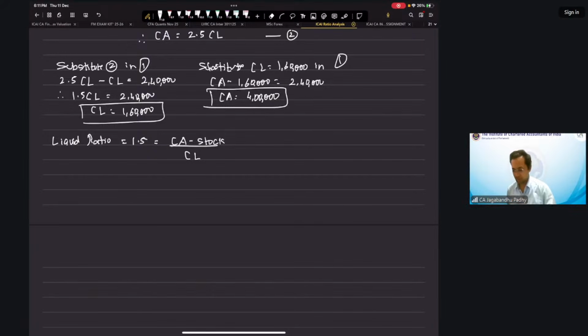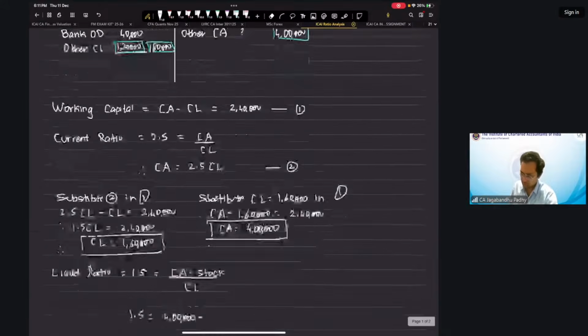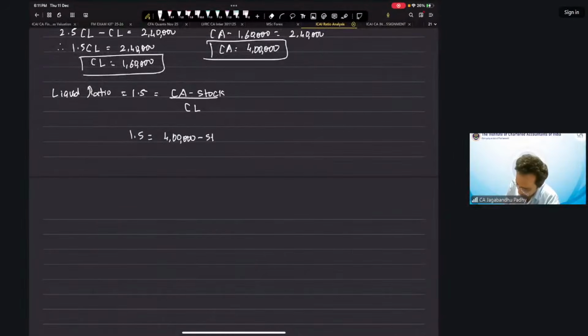So 1.5 is equal to current asset of 4 lakh minus stock, which is something, inventory, which we are not aware of, upon current liability of 1 lakh 60,000.